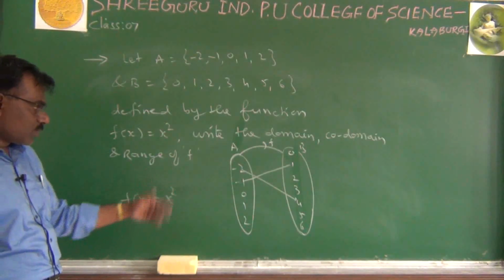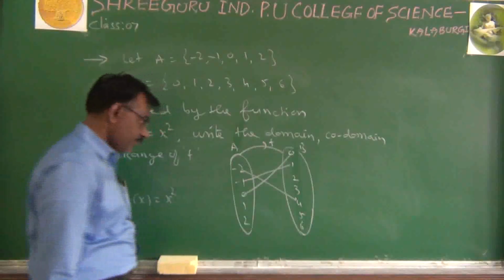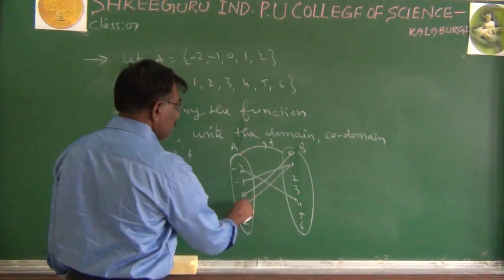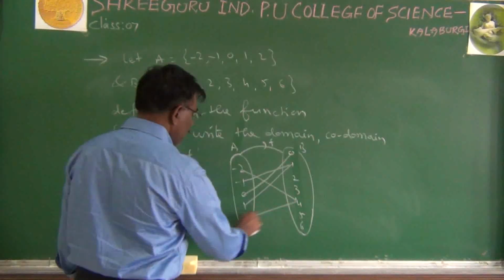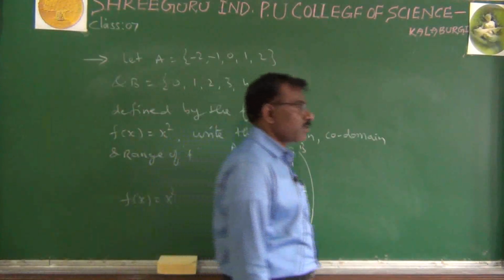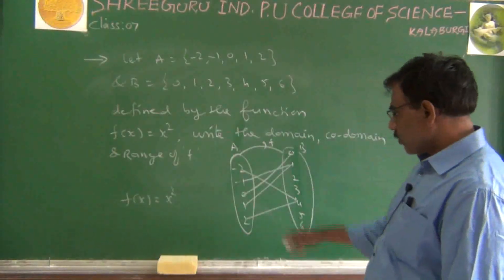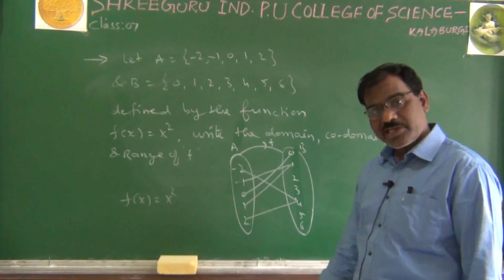Then 0 gives 0, and 1 is again 1, and 2 gives 4. So my question is whether it is a function or not. Yes, this is a function because all are associated with an element in set B.